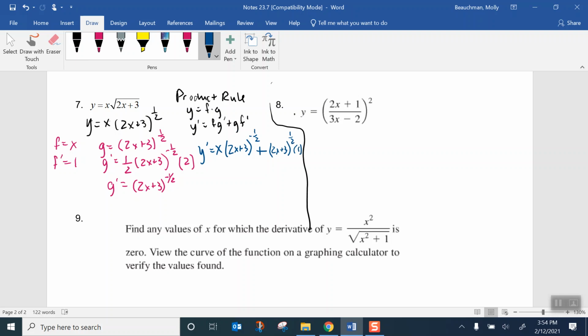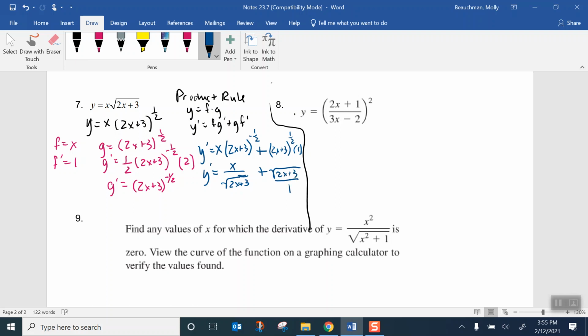There are many ways you can simplify this algebraically. I'm going to go ahead and rewrite this without a negative power. So that's going to be x over the square root of 2x + 3 plus the square root of 2x + 3.